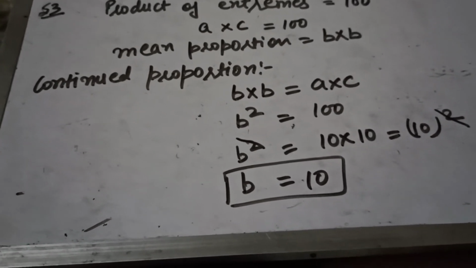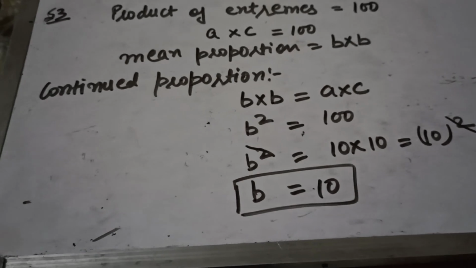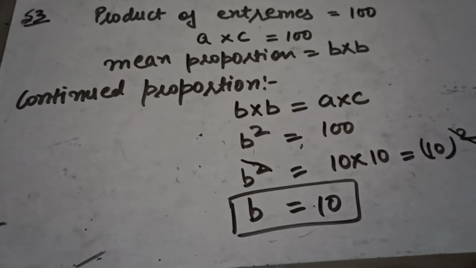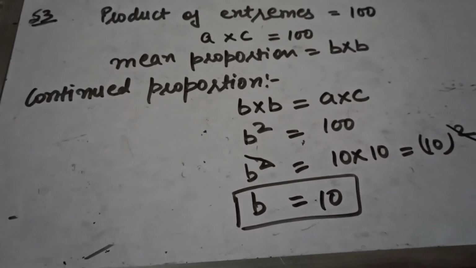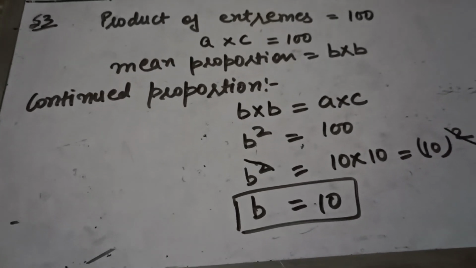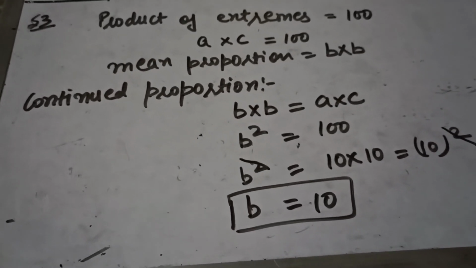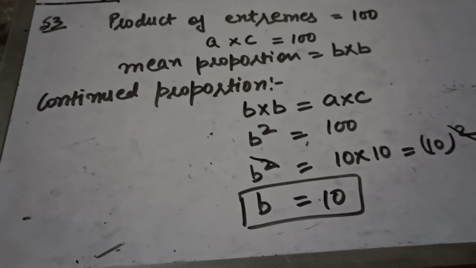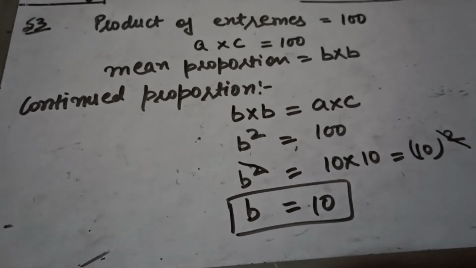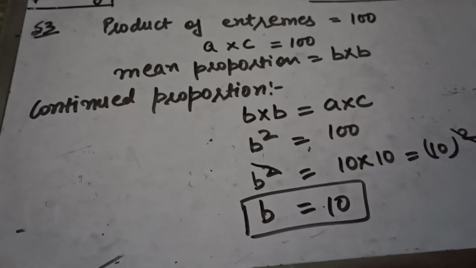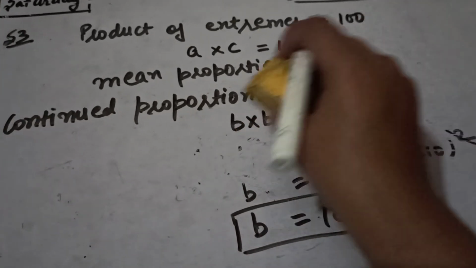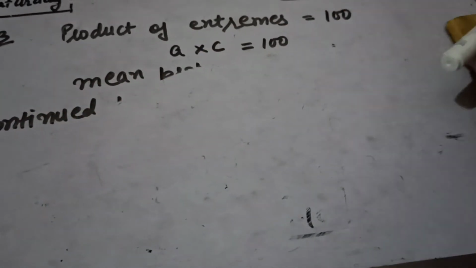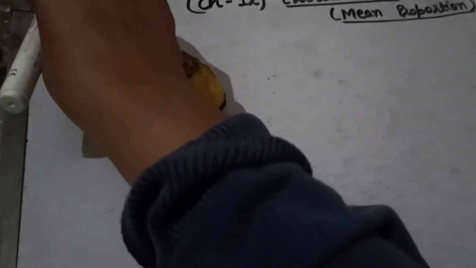After this, A1: the cost of 4 pens is rupees 24. Find the cost of 24 pens using the concept of continued proportion. How will you do that? Now see. 4 pens, 24.